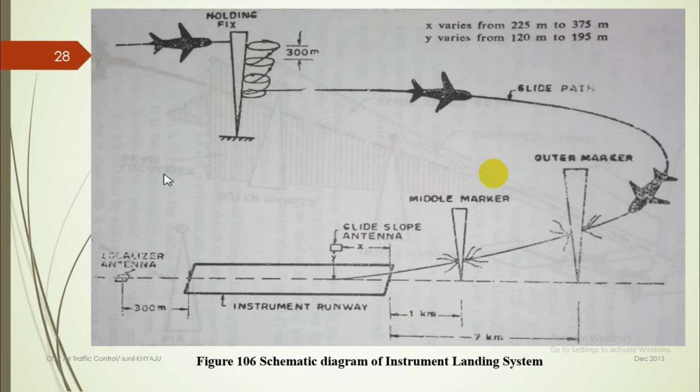This picture shows the schematic diagram of the instrument landing system, and this is the holding fix. Each aircraft is brought to the holding fix by means of en-route aids. It is then taken over by the control tower.